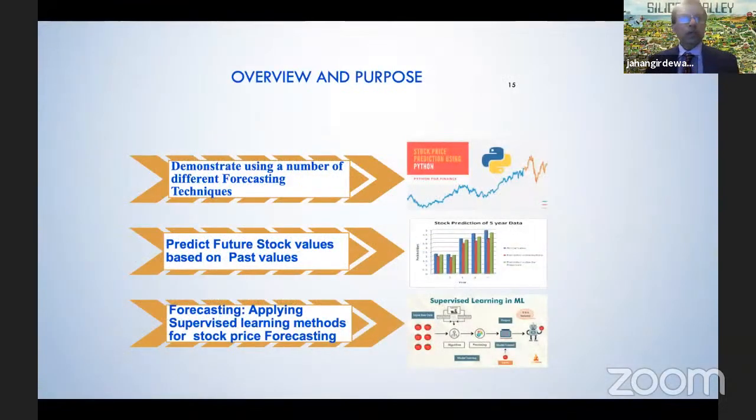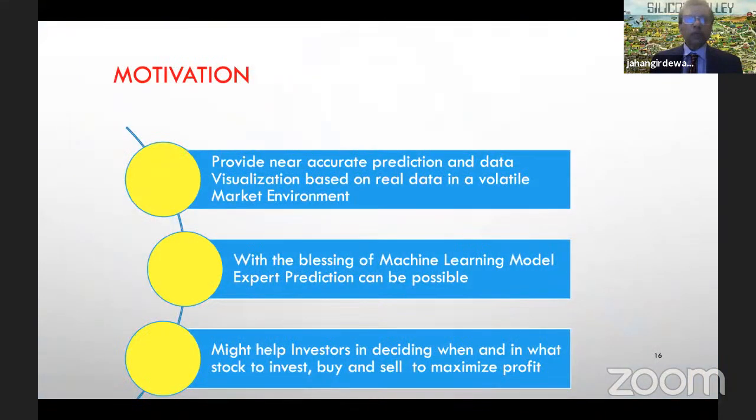We took Tesla stocks as an example, and we demonstrated various forecasting and predicted future stock values. The objective was to give near accurate data and visualize it based on real data in the market environment, and we used machine learning algorithms for that.